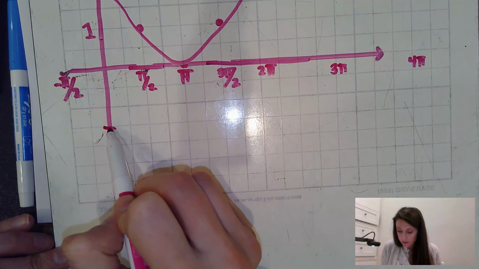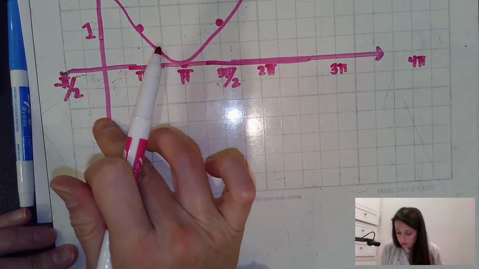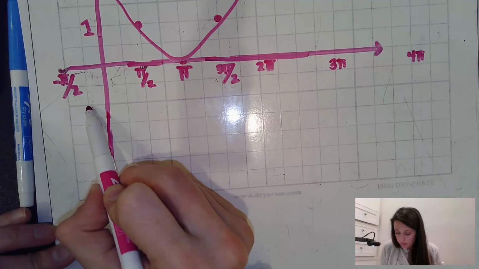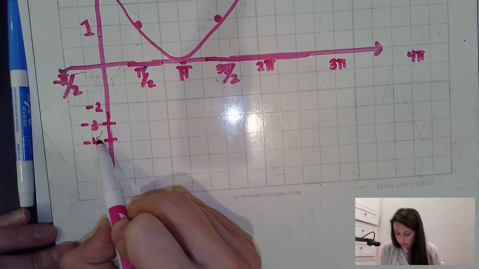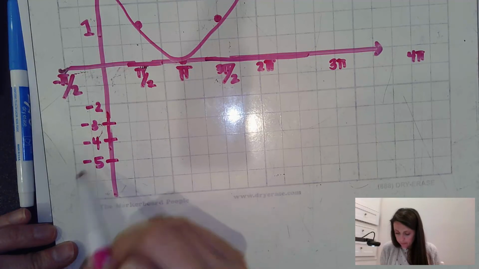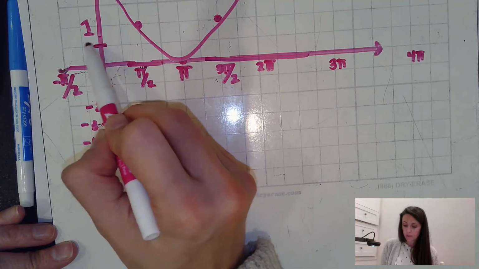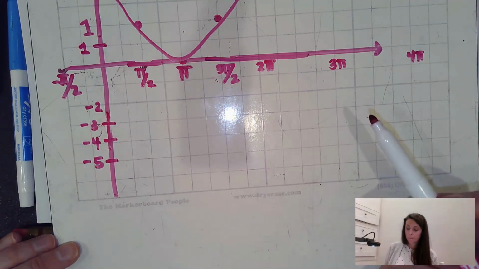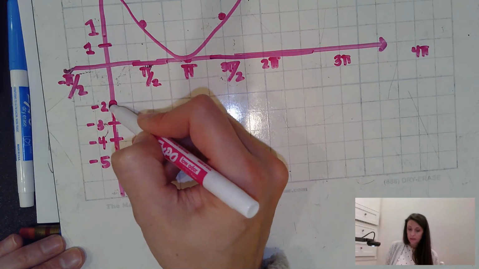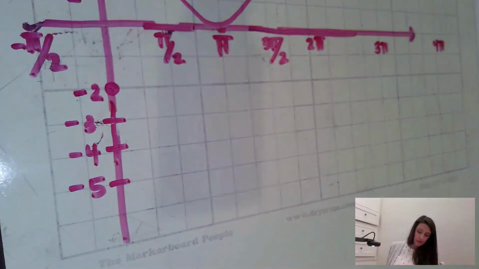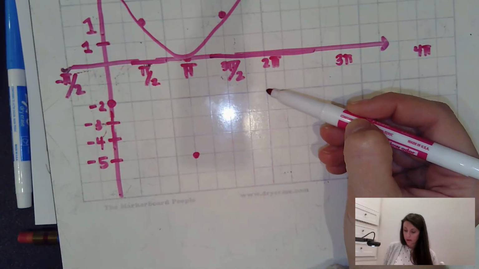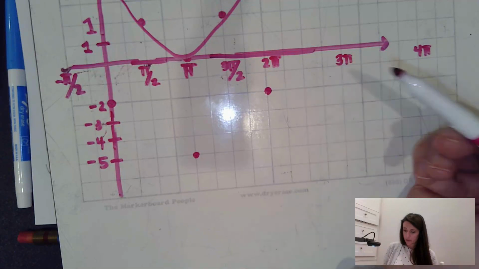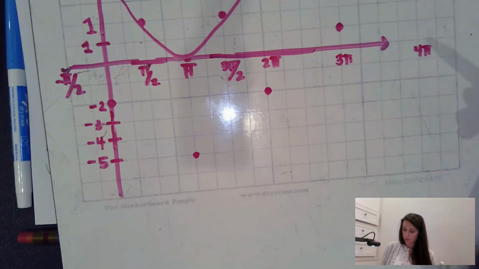So here, let's do negative 2, negative 3, negative 4, negative 5. So at 0, we will be at negative 2. At pi, we will be at negative 5. At 2 pi, we will be back up at negative 2. At 3 pi, we will be at 1. And then at 4 pi, we will be back at a 2.